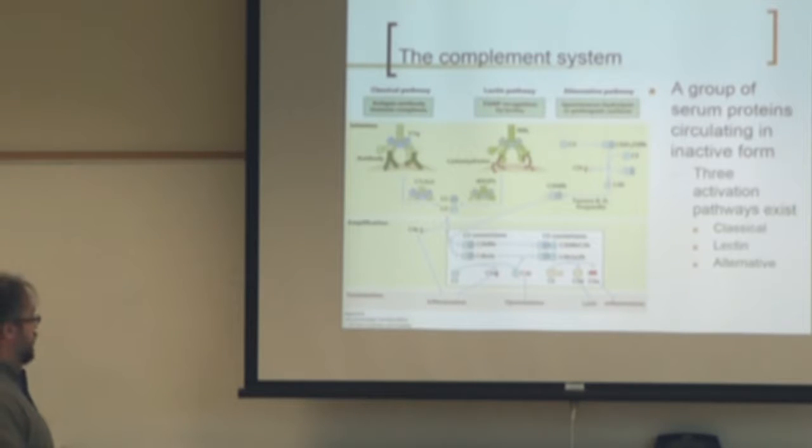So C3B is involved in opsonization, whereas if we convert C5 into C5B and C5A, the smaller subunit has inflammatory activity, but the larger subunit goes to form the complex that's going to punch holes in the cell.